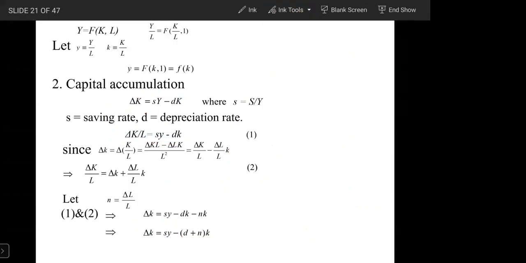Okay. We came a long way, so now this is the key equation. We are going to study the dynamics of the economy. Right? So there are three things that determine the capital stock over time: saving, depreciation, population growth. Right? And this comes from here, so we convert everything into per capita terms.